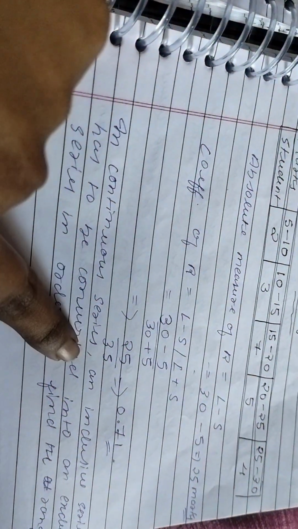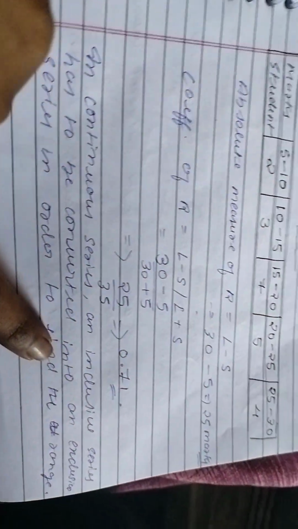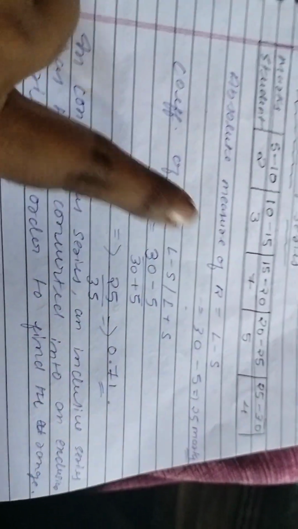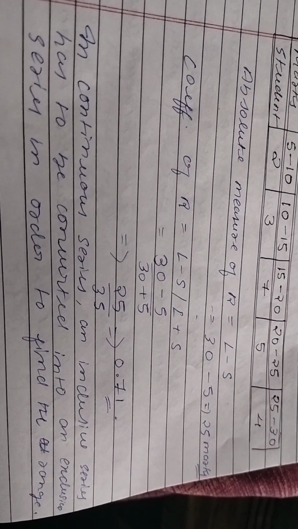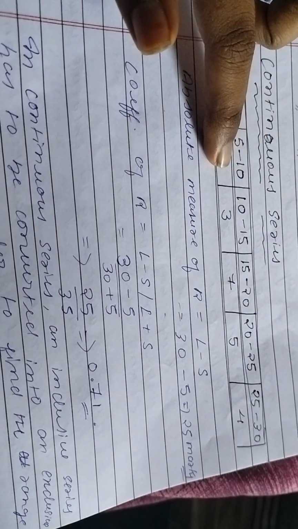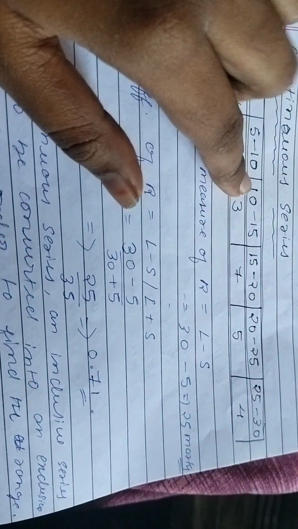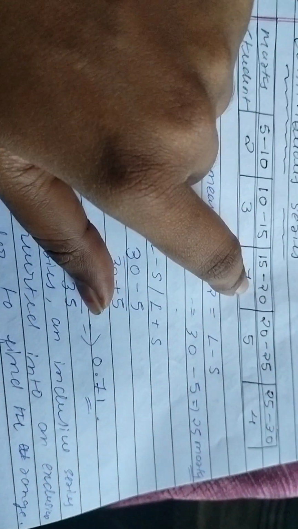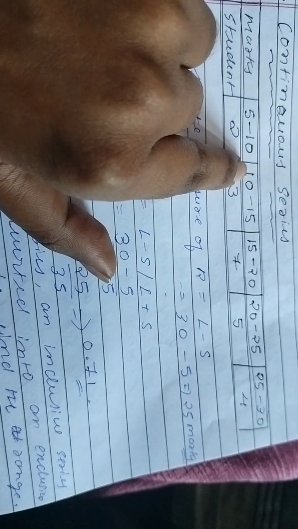In the continuous series, the inclusive series has to be converted into an exclusive series in order to find the range. In the inclusive series there is 5 to 9, then it starts from 10 to 15, then it starts from 16. So the value is not repeated. In the exclusive series, like 10 is repeated, then 15 is repeated, that means in the first series 10 is not taken, then in the second series 10 is taken.